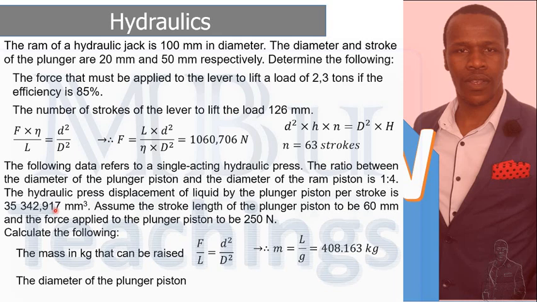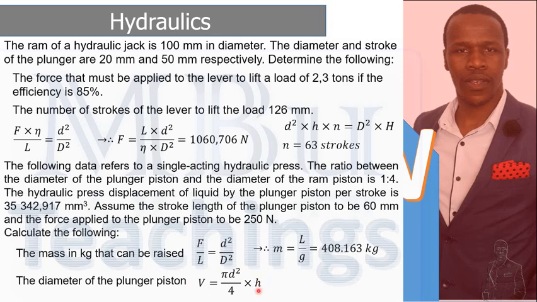So whichever one you want, but we are told that we must look for the one of the plunger. So this is the volume of the plunger. As you can see, the plunger piston per stroke is that one. So that's the volume per stroke. So that means we only use 1 stroke. So for 1 stroke, this is the formula.